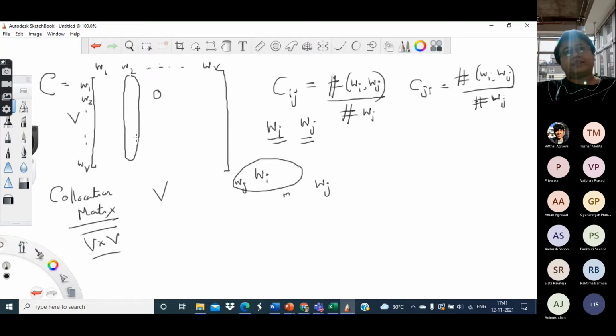Okay, and this is actually a powerful representation because we know that if a word occurs quite often with another word, then semantically there must be some kind of connection between those two words, right?